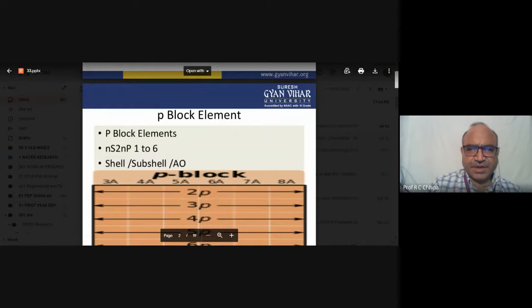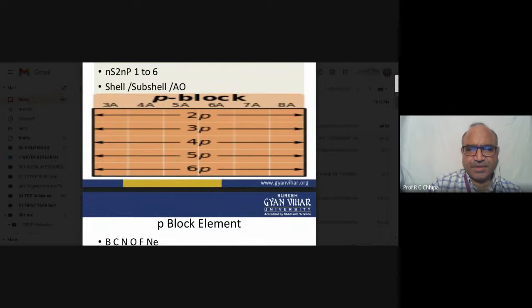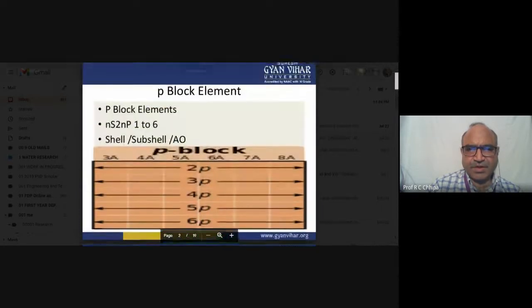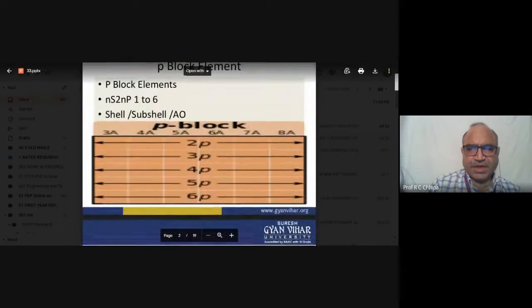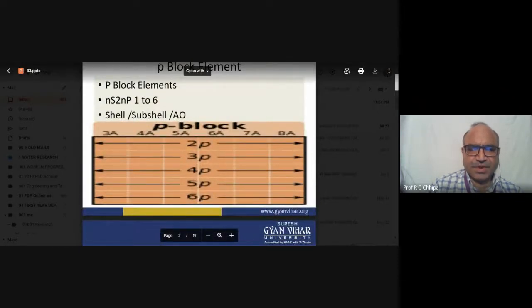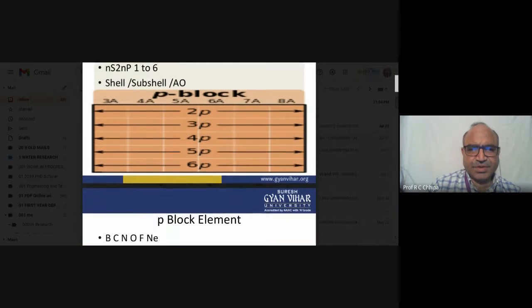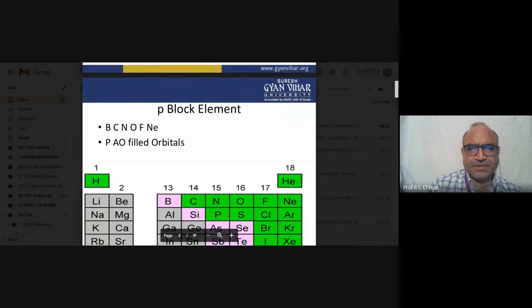The question is how the electrons are filled up to the 6p atomic orbitals. We start from the 2p block, where the shell number is 2, which is also the principal quantum number. So we start from boron, carbon, nitrogen, oxygen, fluorine, and neon.